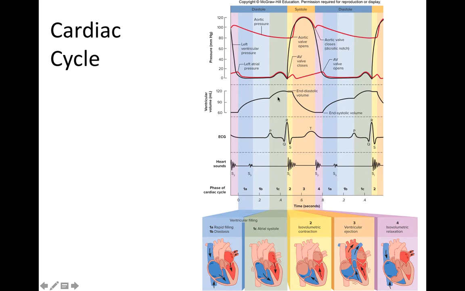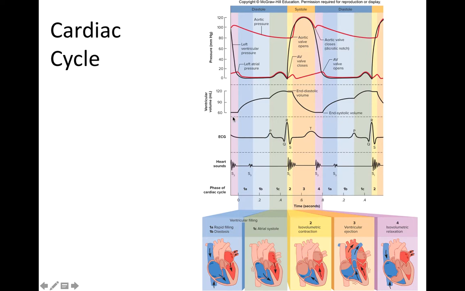It's the highest volume because we spent all this time filling the ventricle passively, and then we added an atrial contraction to get us up to EDV. Once we have contracted the ventricle, we're going to lose blood, and we're going to end up down here at our lowest possible volume, which occurs at the end of ventricular systole, so it's the end systolic volume.